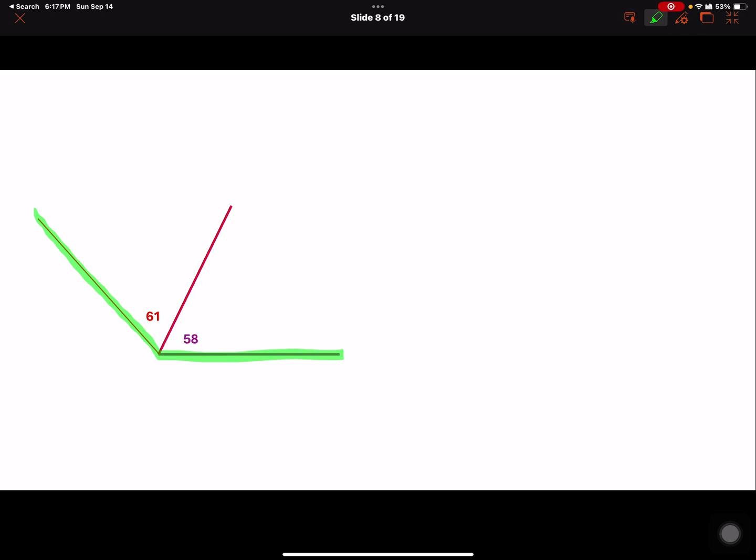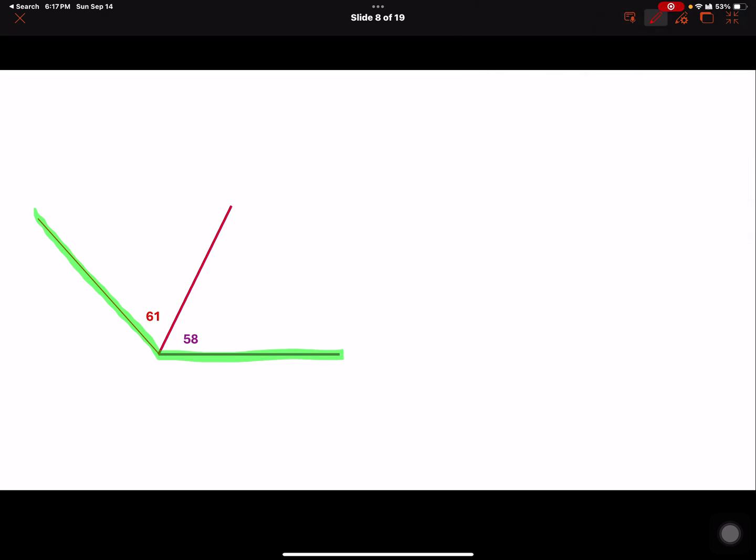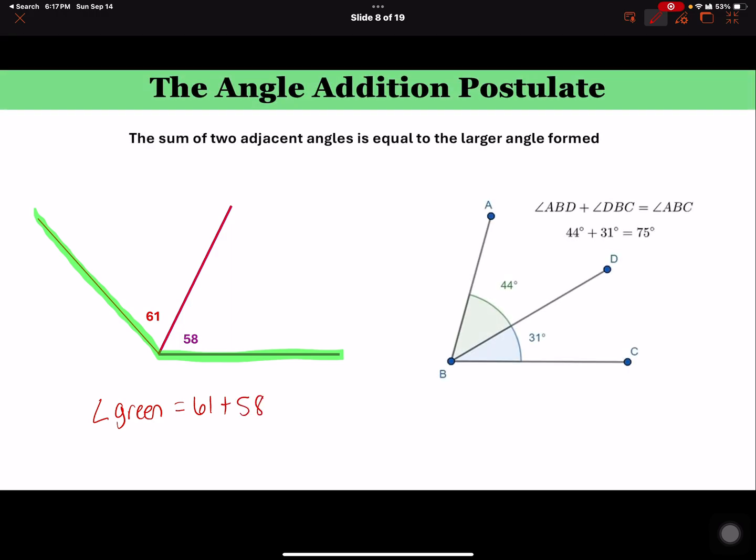If you said that you would have to add the two smaller angle measurements, you would be correct. My green angle, I'm just going to call it angle green for right now, would have to equal 61 plus 58. This is what we call the angle addition postulate: the sum of two adjacent angles is equal to the larger angle formed. And here's another example over here to my right. I have angle 44 and angle 31, and it is going to be equal to angle ABC.